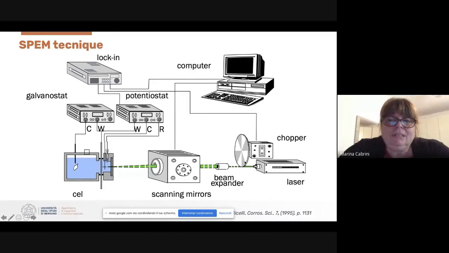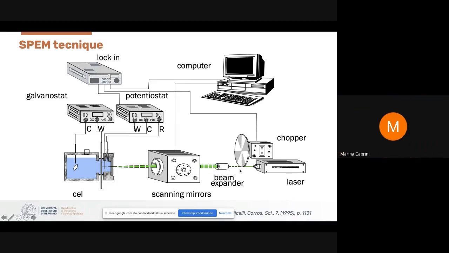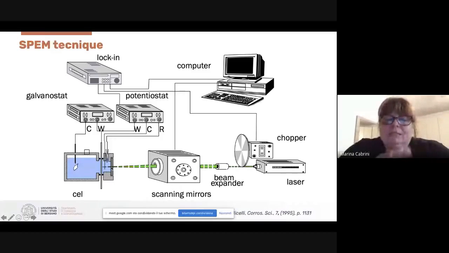And this is done, this is very simple, with a very thin laser light beam that was scanned on the surface of the specimen.